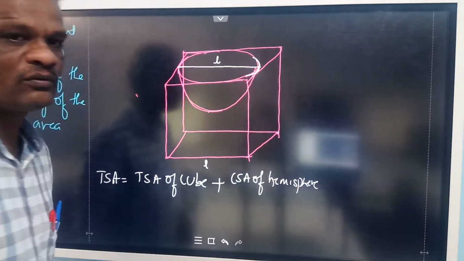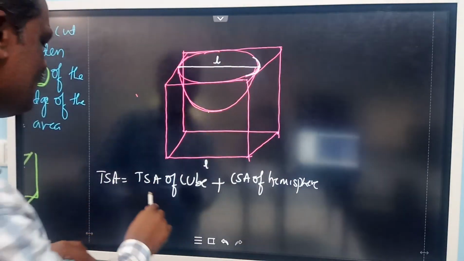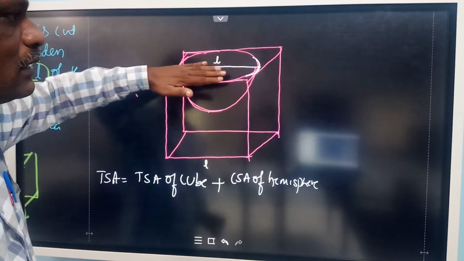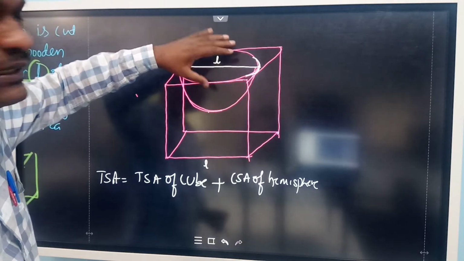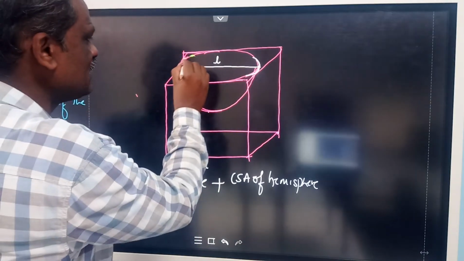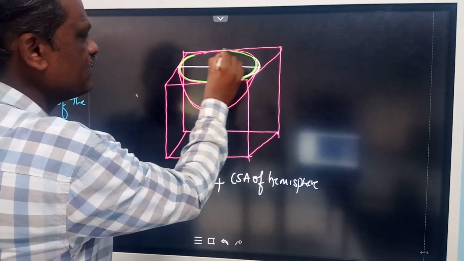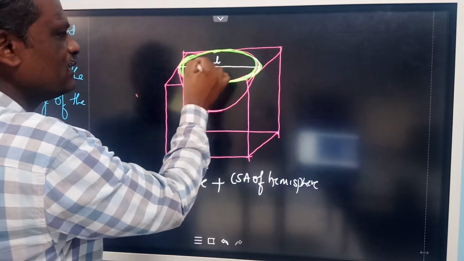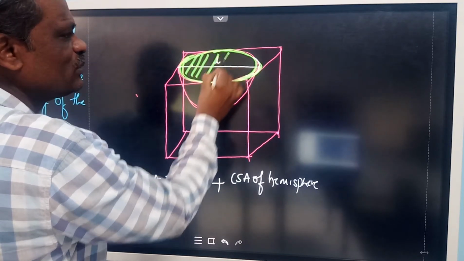Then what do you have to remove? When you take the total surface area of the cube, this top portion is also counted. But it is a depression, so this much area is missing: a circular area is not there.